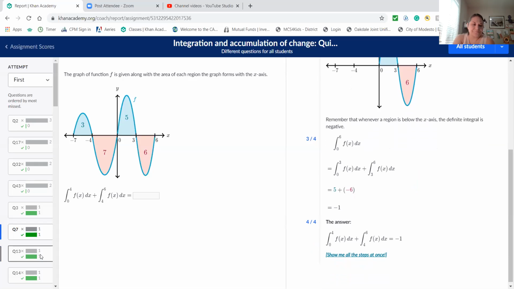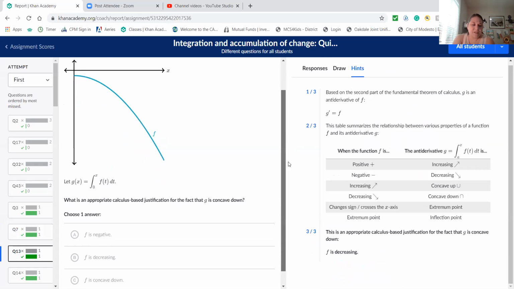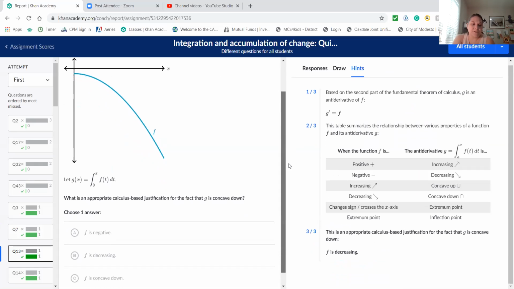2 more. The graph of f is being shown. G is a function defined as the integral of that, so the area from the curve up to the x-axis. What's an appropriate calculus-based justification for the fact that G is concave down?